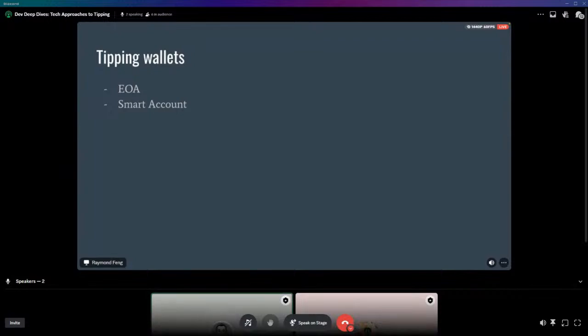The simplest form of tipping could still be done inside MetaMask, say using an EOA, but in a social platform, if you decide to use an EOA using a bot, because the bot is supposed to automate some of the low value transactions, right? And you don't want to do it every single time.